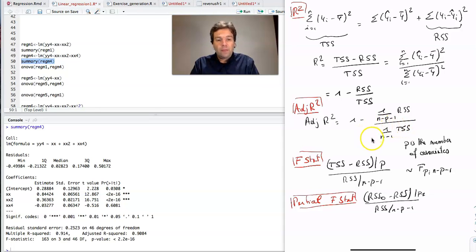The denominator we multiply by 1 divided by n minus 1. If you multiply TSS by 1 divided by n minus 1, in fact what you have is the classical estimator for the variance of the yi's, the variance of y.